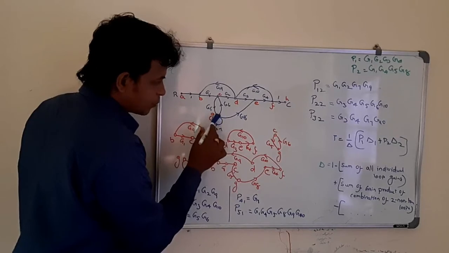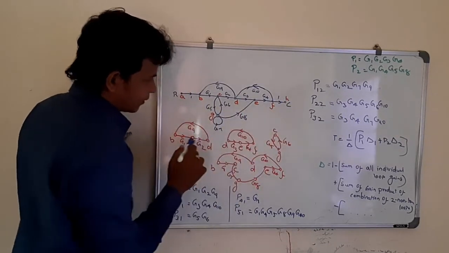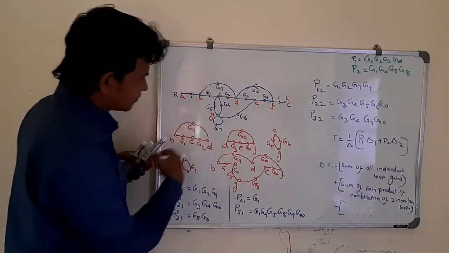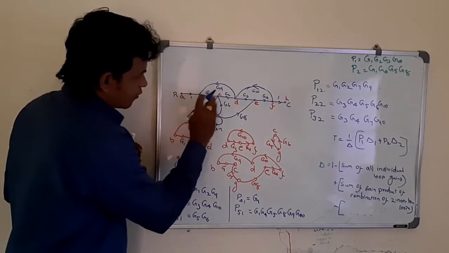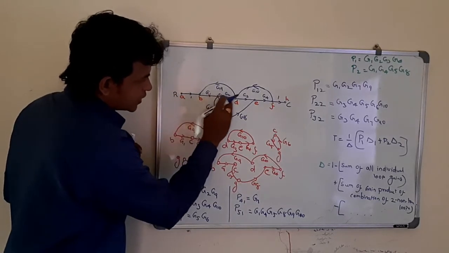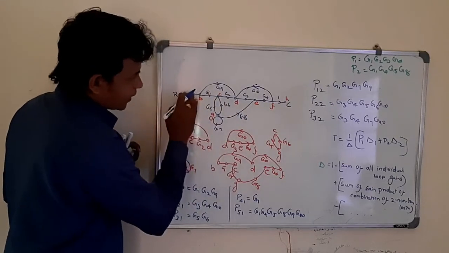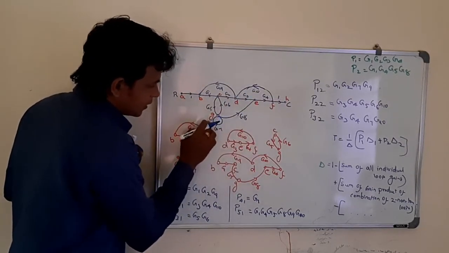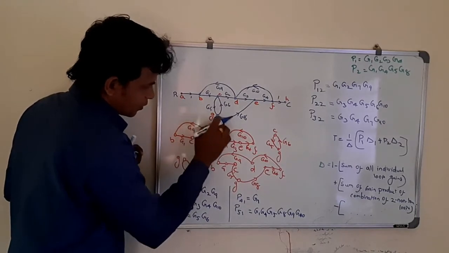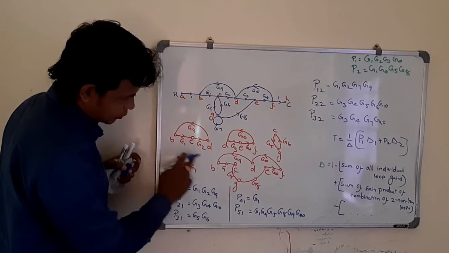I hope you understand. For this forward path from A to B, B to C, C to D, D to E, E to F, F to H, the portion of the graph which is not touching this area is this region, and del of that region is this one.